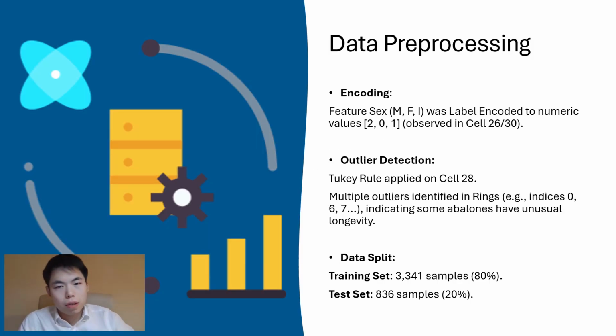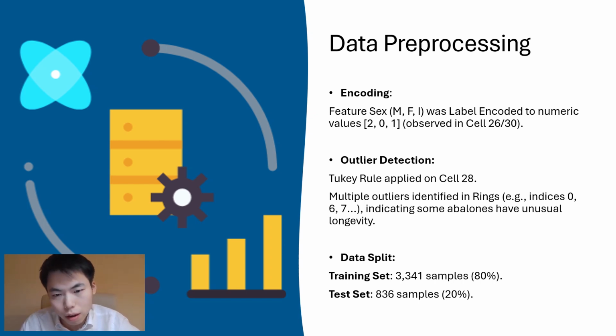Okay, so now let's talk about the data preprocessing. Before I built the models, I cleaned the data. First, I changed the sex column into numbers so the computer can understand it. I also checked for outliers, data points that look unusual, using the Tukey rule. And when I looked at the heat map of the dataset, I found something important.